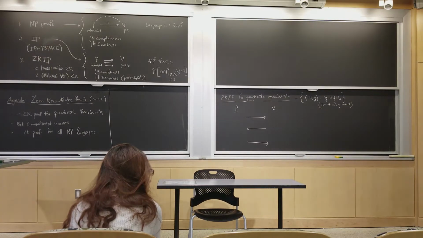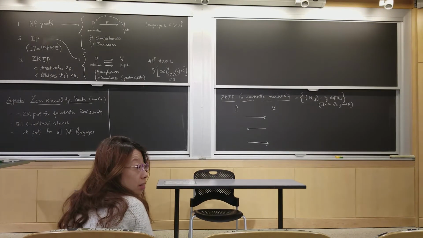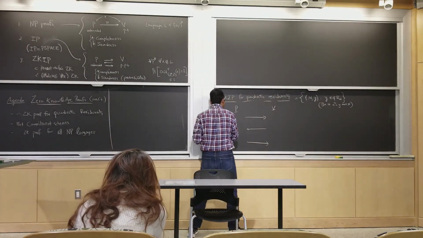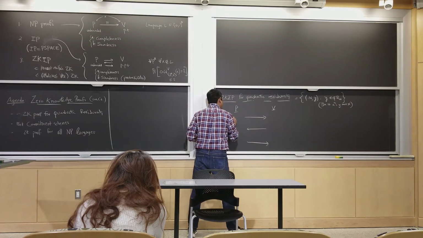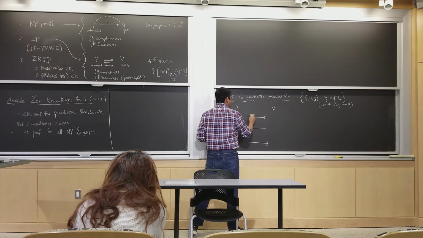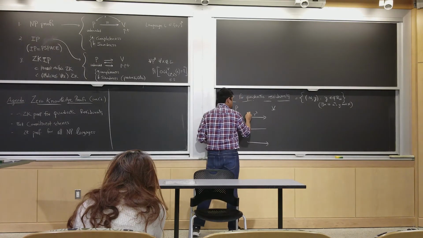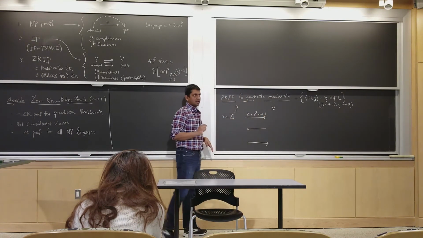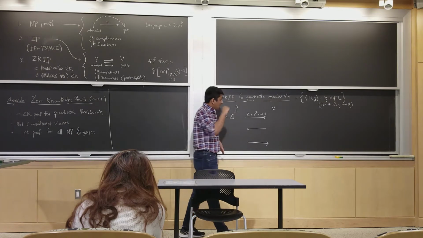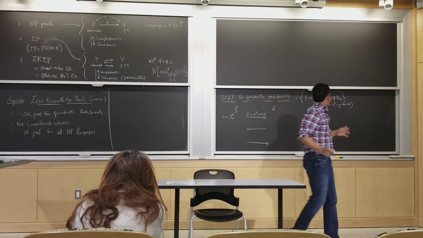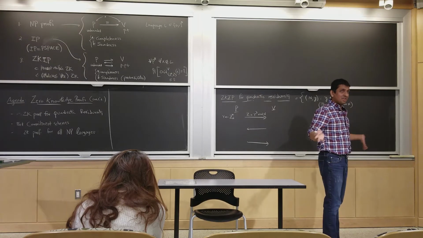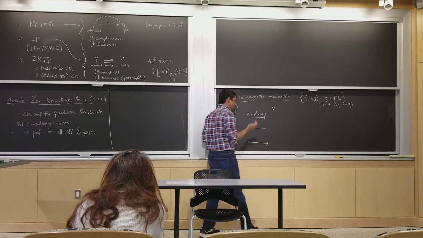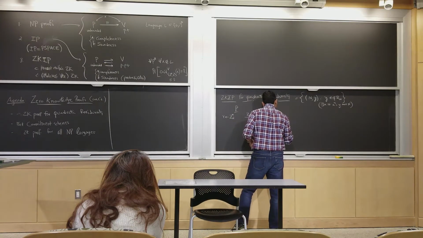The prover will choose a random value and commit to it by sending the square of that random value to the verifier. Good. So the prover chooses a random value r in Z_n star and sends r squared. Let's give it a name: let's say z equals r squared. This doesn't depend on y at all. It's just a random value. The verifier sends a bit b, which he picks at random again.